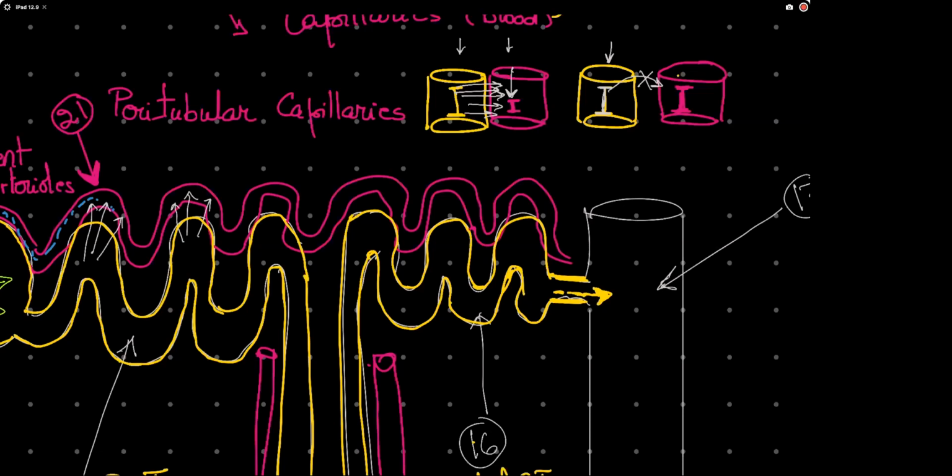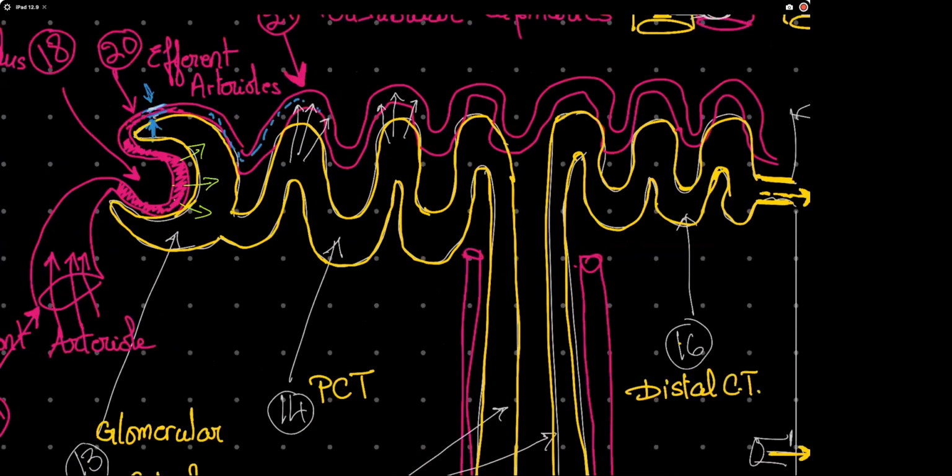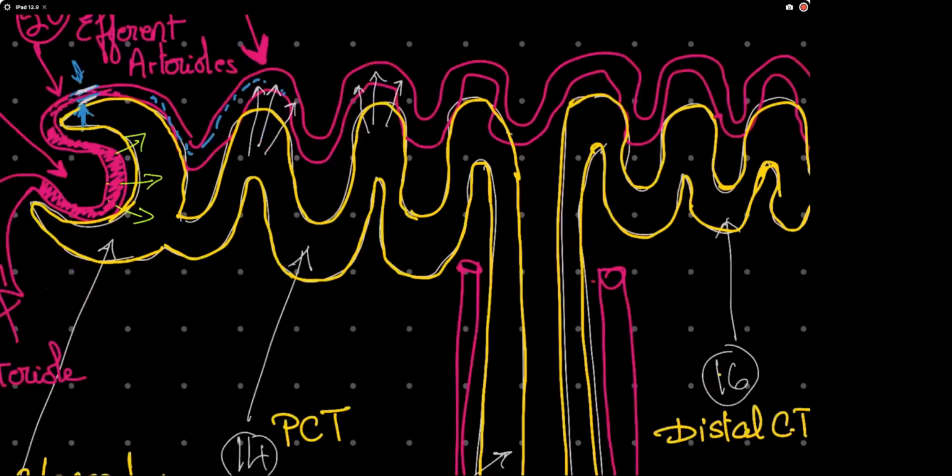So if I'm reducing the pressure within my peritubular capillaries because I constricted the efferent arteriole, this is a new job offer, with less pressure, with less stress. So the fluid is going to be moving to the side with less pressure. So I'm getting back more water.